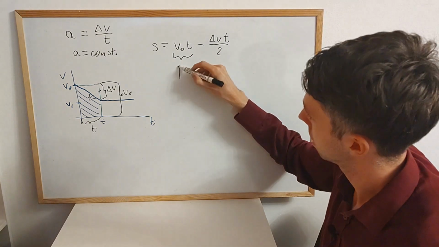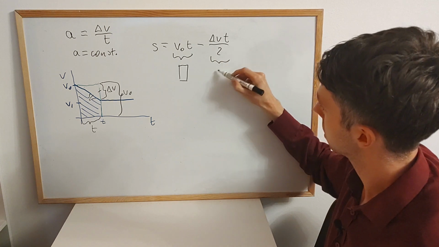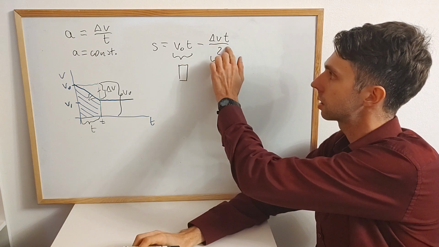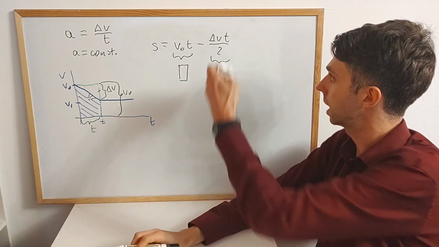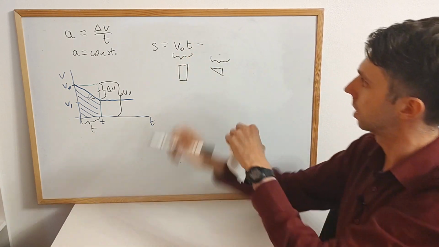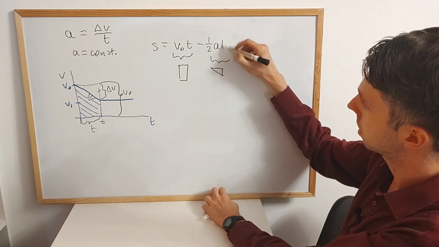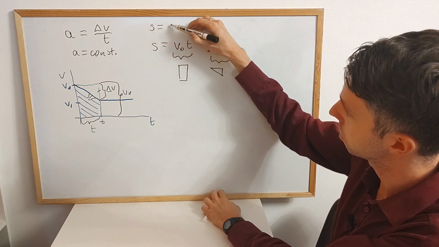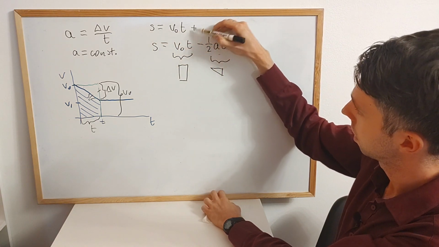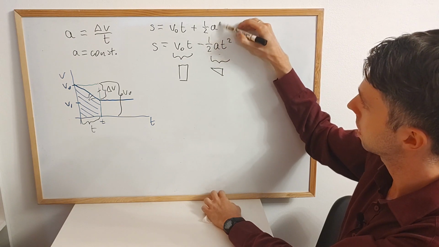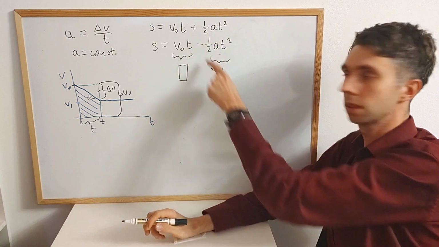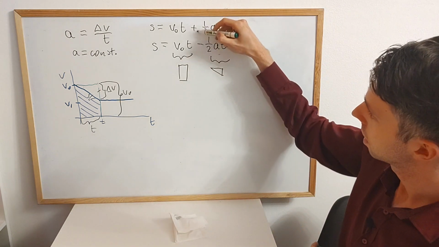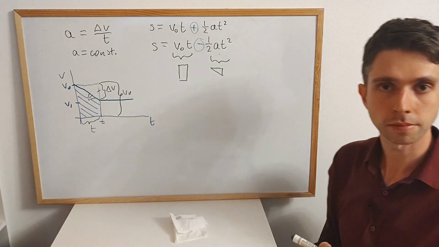So this is big rectangle, this is little triangle, and again this you can convert as previously to be 1/2 a t squared. And now you can compare with the formula for distance in uniformly accelerated motion and see that they are exactly the same. The only difference is this sign.